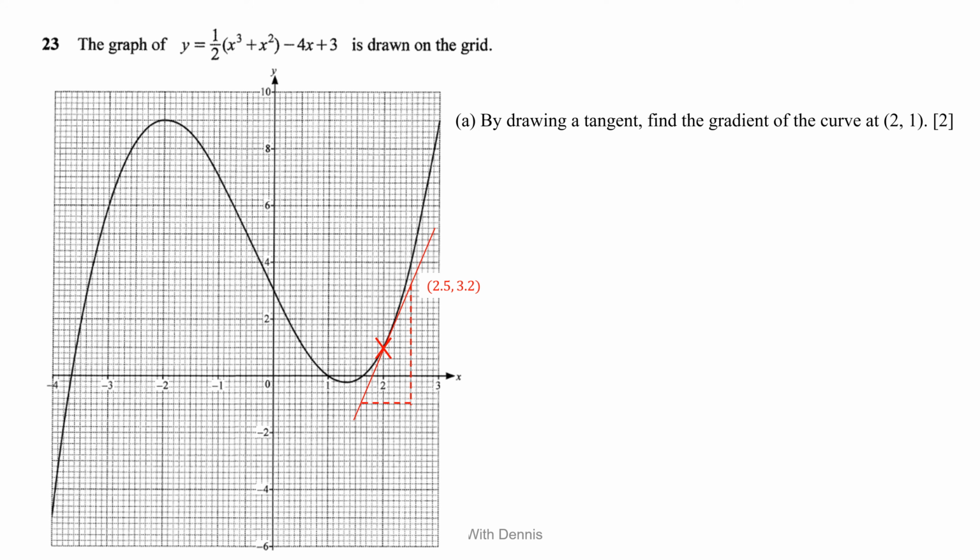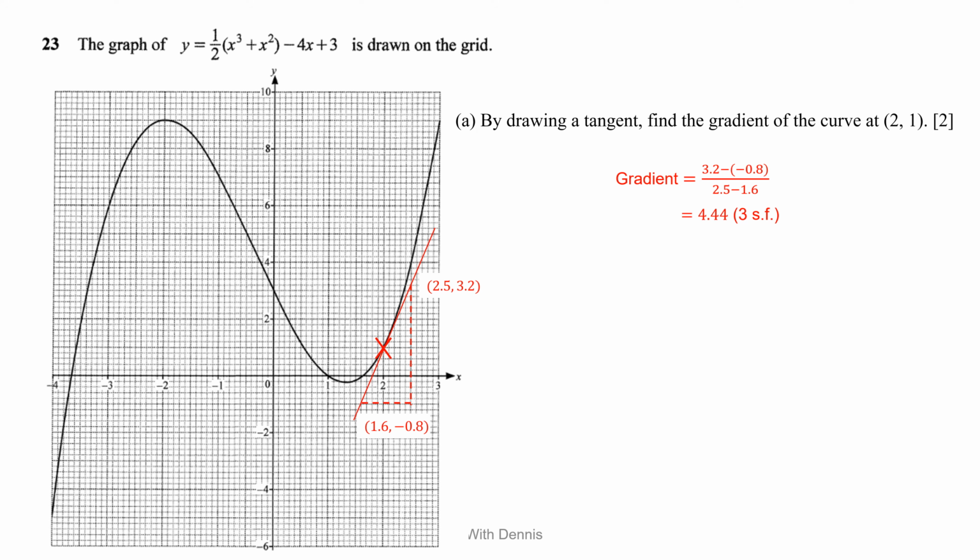So this point has coordinates (2.5, 3.2), and this point is (1.6, negative 0.8). Alright, so now we can find the gradient, which is y2 minus y1 over x2 minus x1. So in this case, it's 3.2 minus negative 0.8 over 2.5 minus 1.6. And the gradient is 4.44, rounded to 3 SF.